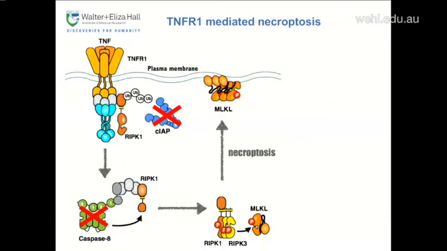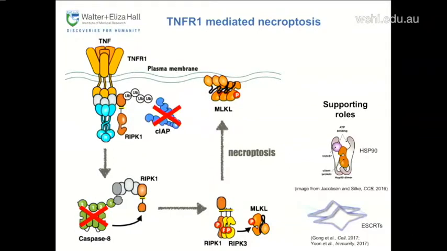Following that, we believe MLKL undergoes a conformational change and then oligomerises and translocates to the membrane, initiating cell death via necroptosis. So in this scenario, the three key interactors that I'm going to talk about today are RIPK1 and RIPK3, which are both kinases, and MLKL, the pseudokinase.